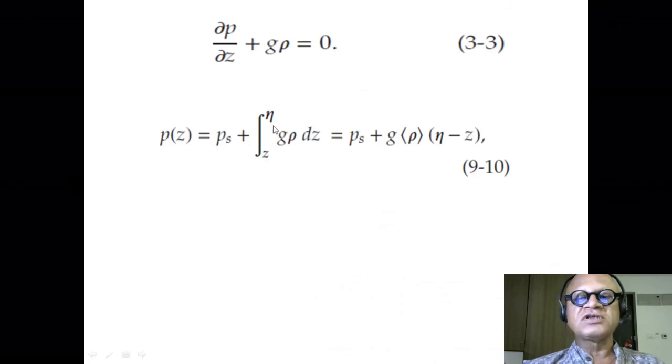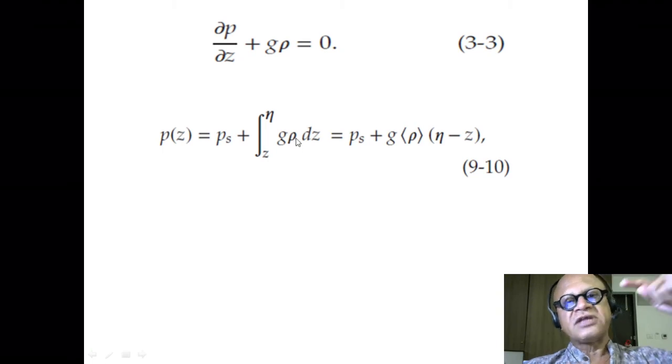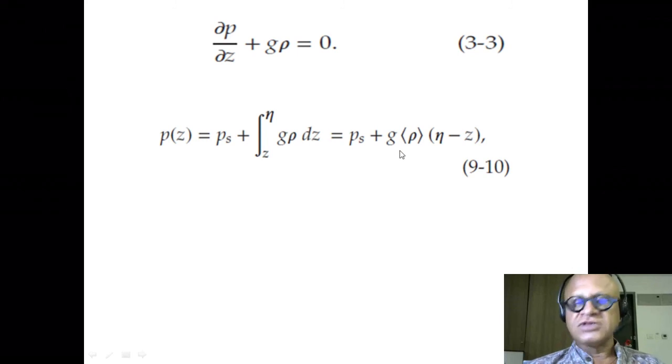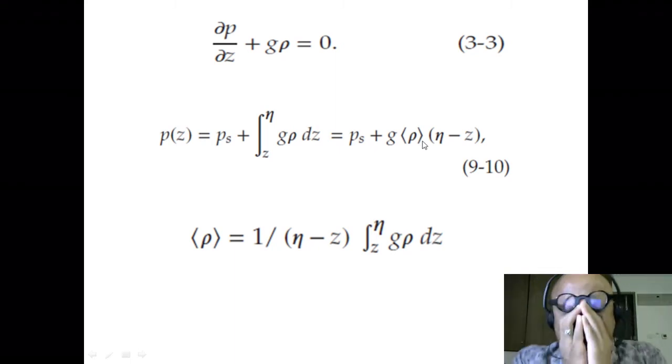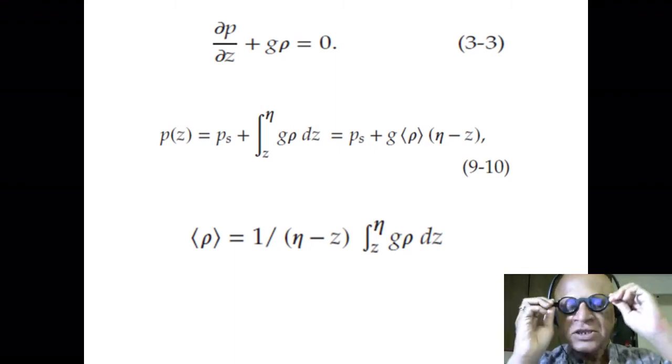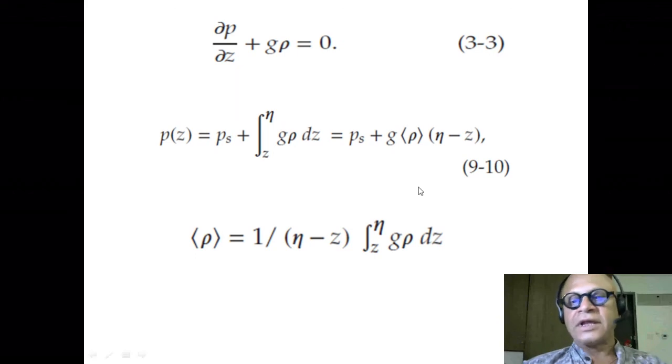So what we did was split this integral and take out rho as a height weighted density, which is defined as this. The angular bracket rho is basically 1 over (eta minus z) times the integral from z to eta of g rho dz, that allows us to write this in terms of eta minus z.